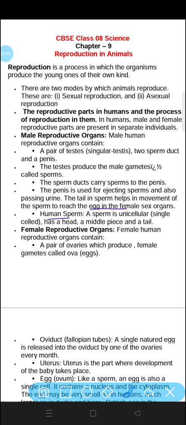The sperm is divided into three parts: head, middle piece and tail. This one is the head, the middle part is called the middle piece and the end part is called the tail. Now, a human sperm is unicellular. It is single-celled and has three parts, as we have discussed.